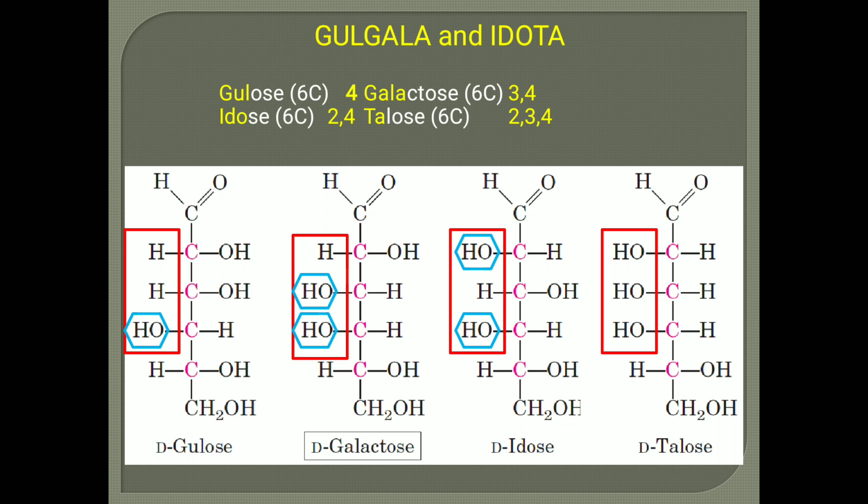Gulose, Galactose and Idose: Gulose 4, Galactose 3, 4, Idose 2, 4 and Talose 2, 3, 4. So it is the easy way to remember. You will never forget the structure of aldose monosaccharides. Again, the 16 monosaccharides are imprinted in you.